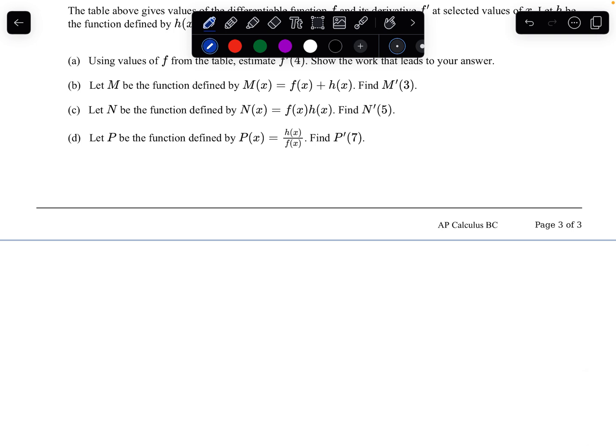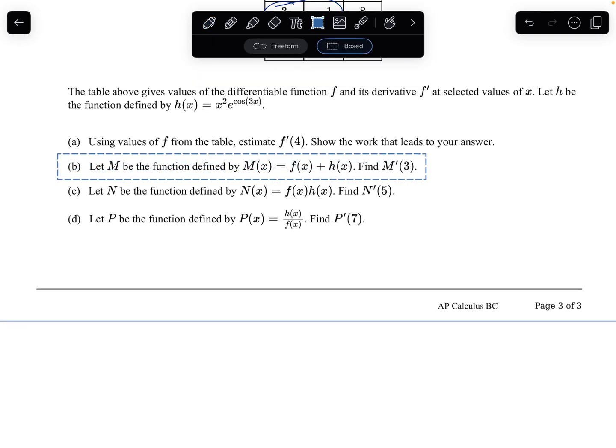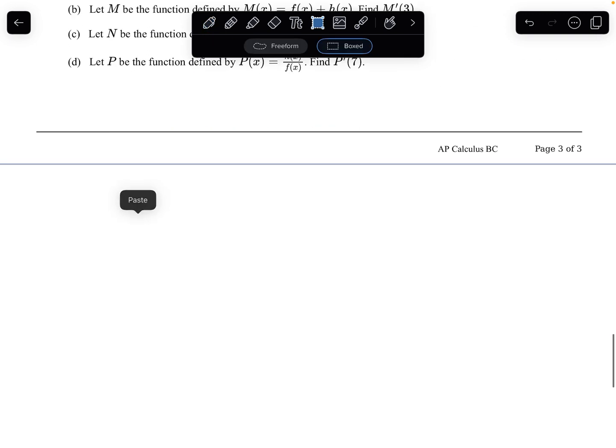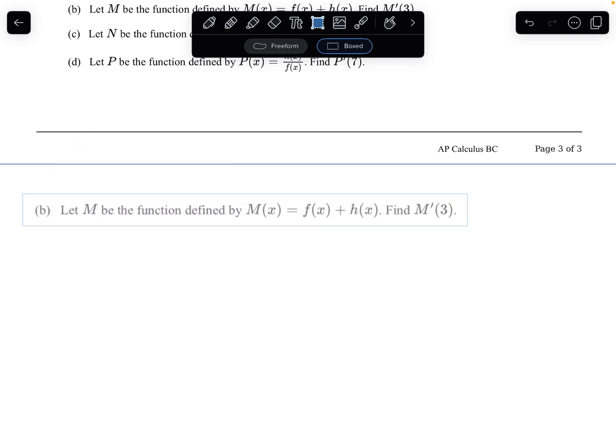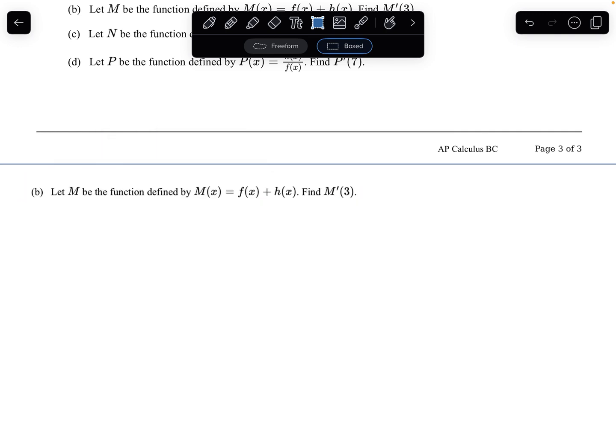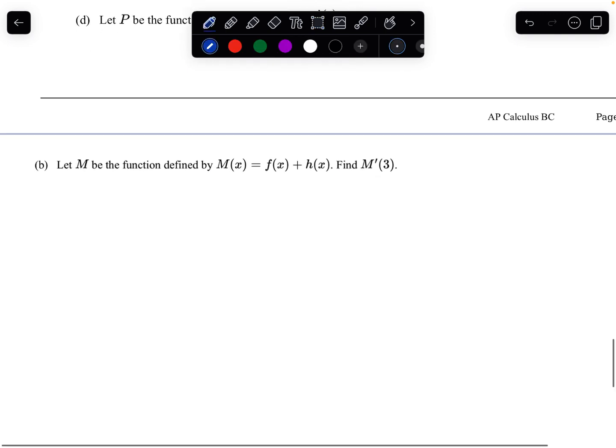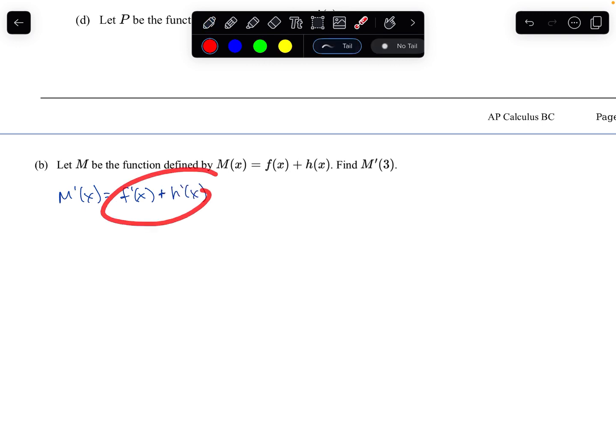So, one second. I'm going to move this down here so I don't have to keep looking up. So, let's take the derivative. m prime of x is going to be equal to f prime of x plus h prime of x. So we're just using the sum and difference rule. And then we want m prime of 3.